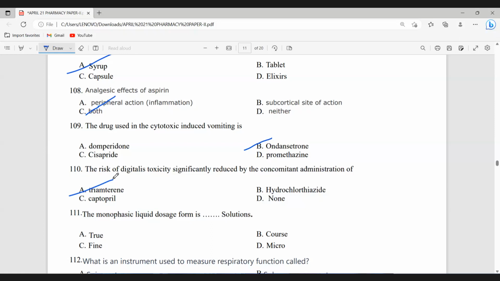Put the side heading hydrochlorothiazide. It increases the risk of digoxin toxicity by lowering potassium levels.